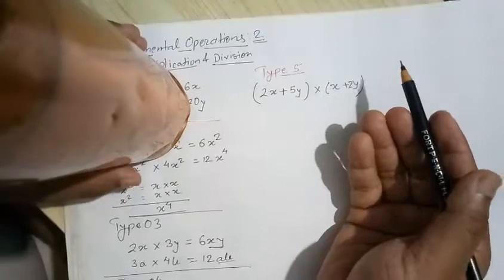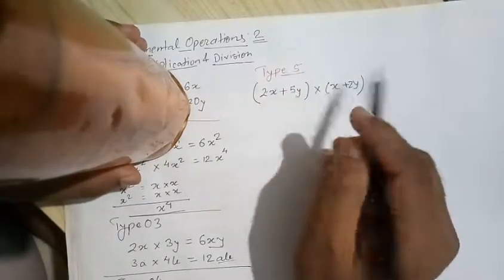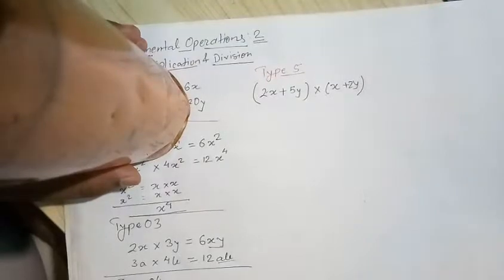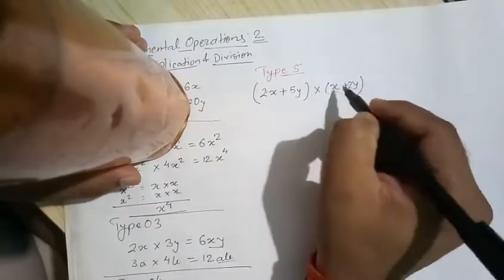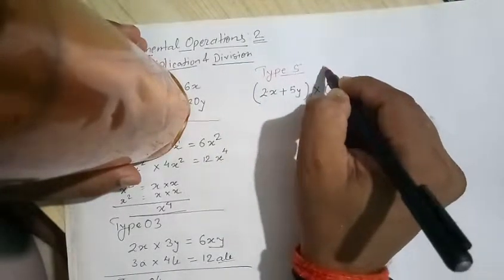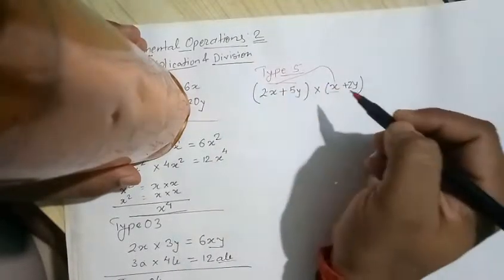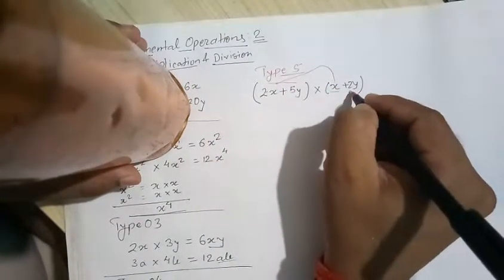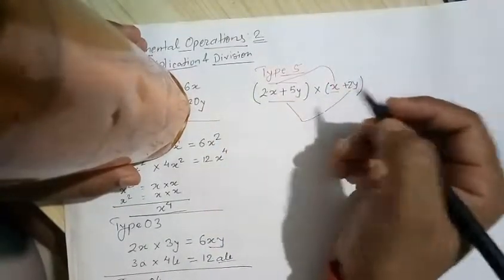What is the concept I told you? Open the bracket, and both of them will multiply with every one. So how it looks like this way: this is the first parent, this is the second parent, suppose this is mother, this is father, and these are the kids. Now when it opens, it will multiply to all of them, and this will multiply to both of them again. Hope you understood.